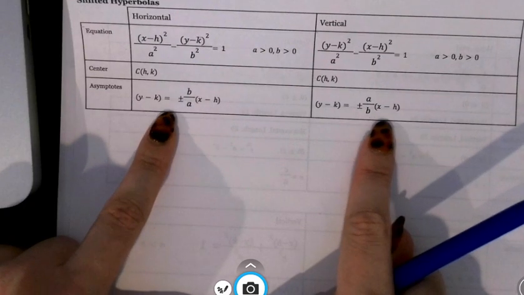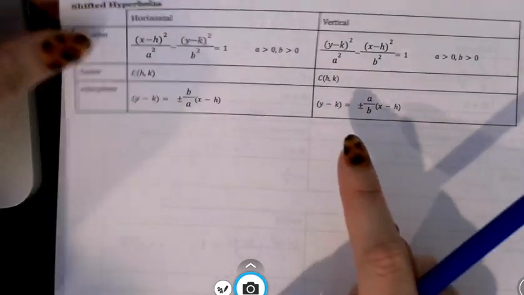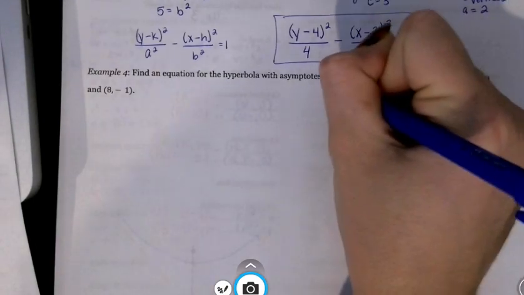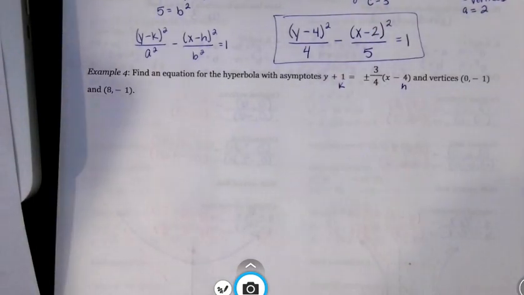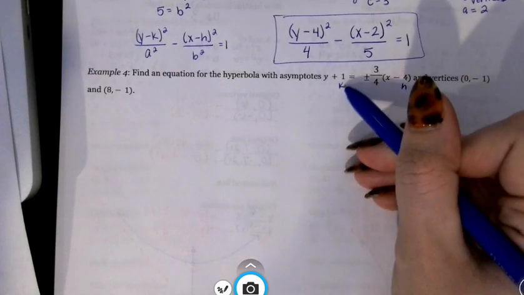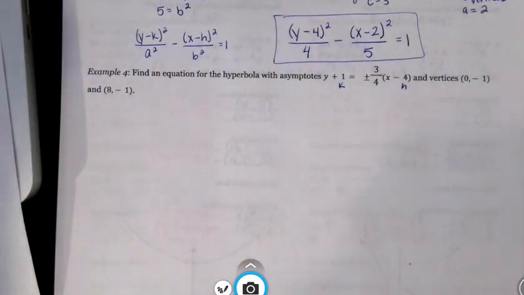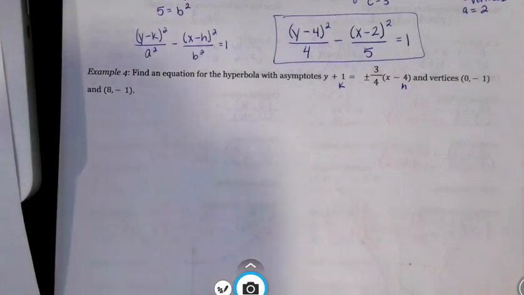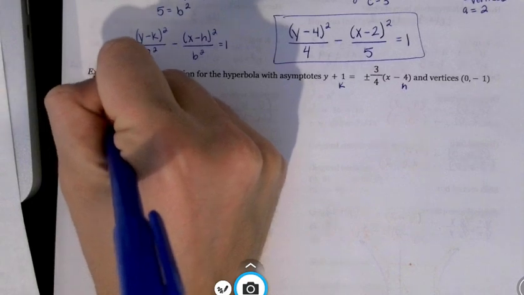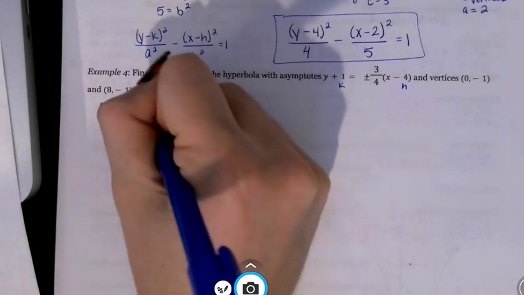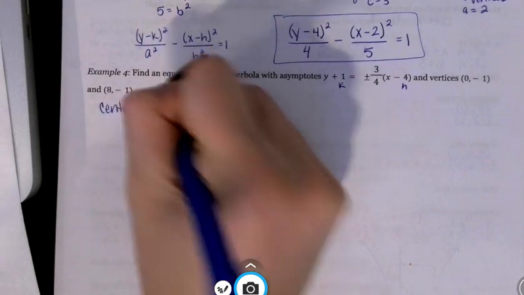And that's what I need for my center. So looking at my asymptotes, I know that this is my h and this is my k. So h is 4 and then k is -1, because it's y minus k, and a -1 would turn into a y plus 1. So over here I'm going to keep note my center is at 4, -1.